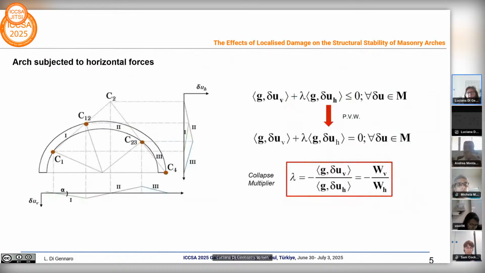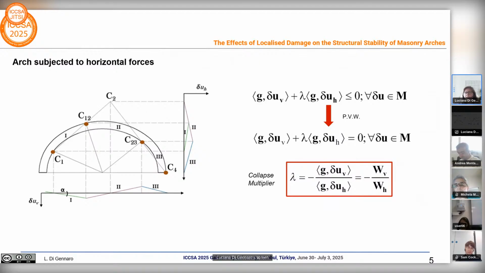According to the assumptions described before, we can obtain the collapse multiplier by applying the principle of virtual work, computing the work of the vertical and horizontal components of the loads and their relative displacement fields, delta uV and delta uH, in the slide.